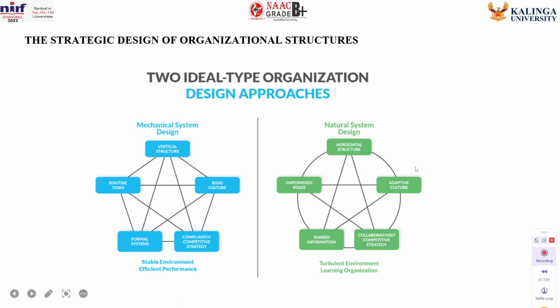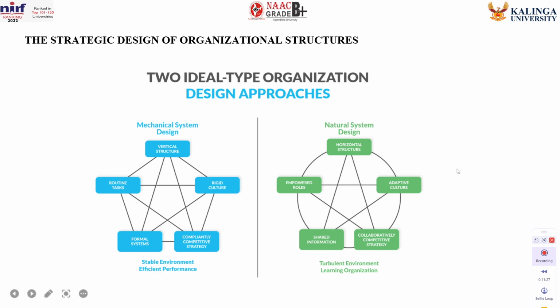But at the same time, you can have natural system design, which can be extremely helpful in a turbulent environment and for an extremely good learning organization. So natural system design is characterized by horizontal structure, so there will not be many ladders. Rather, there will be segregation of duties, empowered roles, so the leaders will have more power.